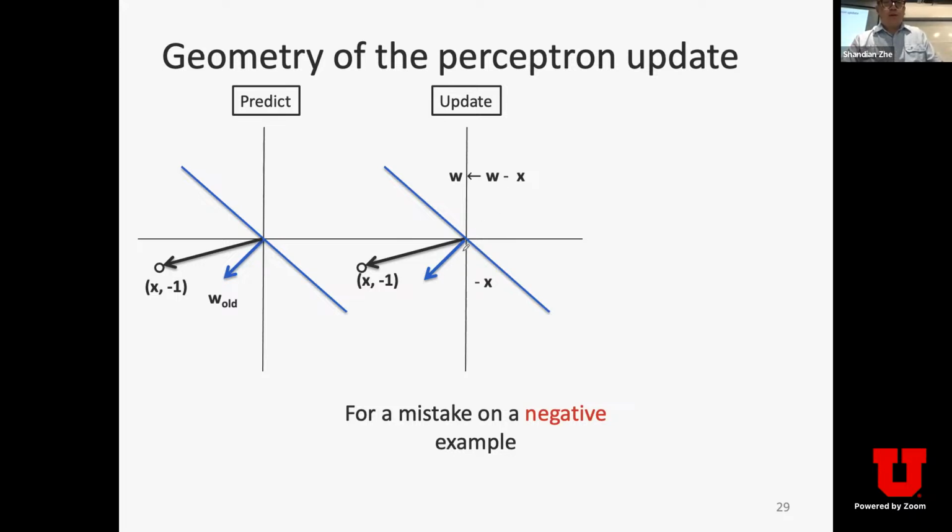So in geometry, if you want to subtract x from w, how can we do that? Does anyone recall how to do that? We should be good at doing this from high school. Yes, w minus x equals w plus minus x. So minus means that you just reverse the direction. So we're going to reverse the direction of x, like this.